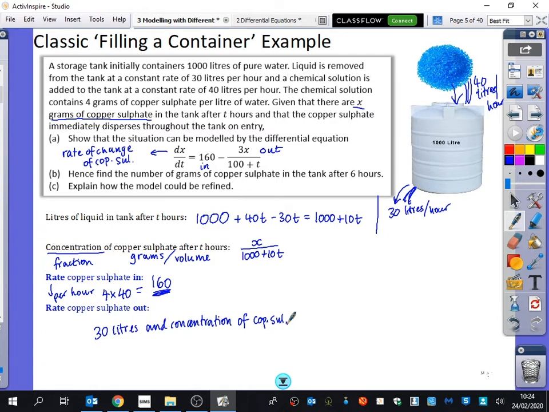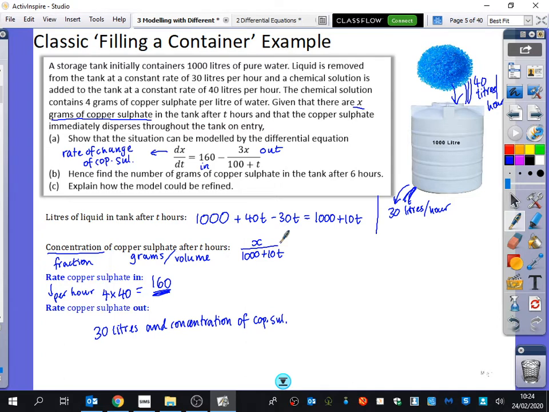So you times it by 30, because if you think about it, this is a fraction, okay? It's saying this is the proportion of copper sulfate in the water. Well, if there was 5,000 litres, you would times it by 5,000. This is a proportion, a percentage, a fraction of the liquid that is copper sulfate.